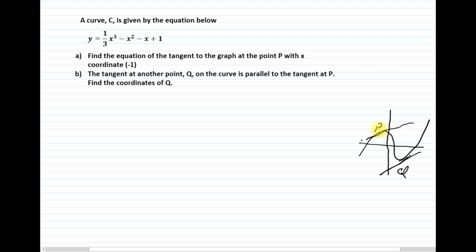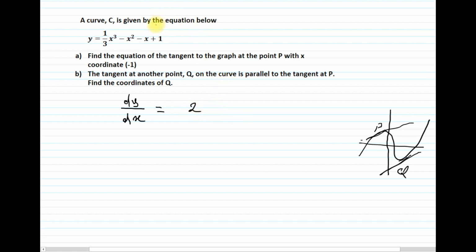Now we found that the gradient at point P is equal to 2. So if the gradient is dy/dx, dy/dx at points P and Q must be equal to 2.